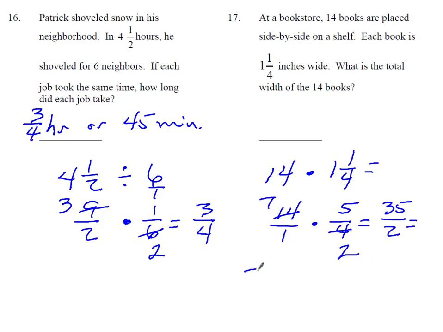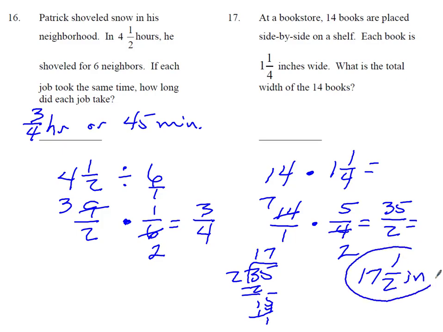If you do the division, 35 divided by 2. 2 goes into 3 one time. We subtract, we get 1. Bring down the 5, 15. 2 goes into 15 7 times, 14. You get 1 left over, and then you take the 17, you put the 1 on top and the 2 on bottom, and it's 17 1/2, or 17.5 inches for the answer.